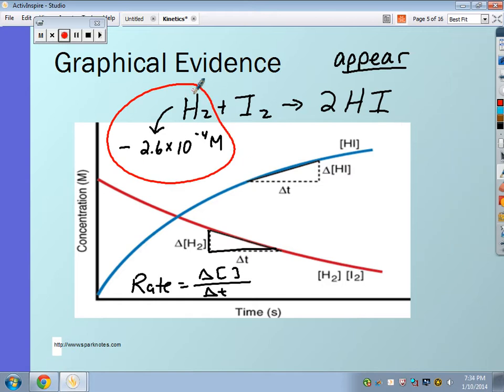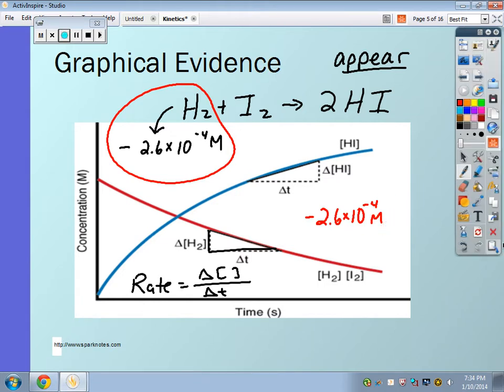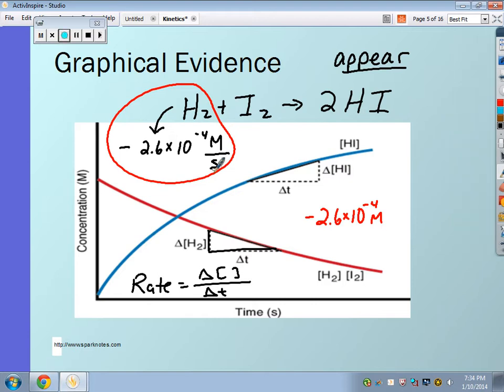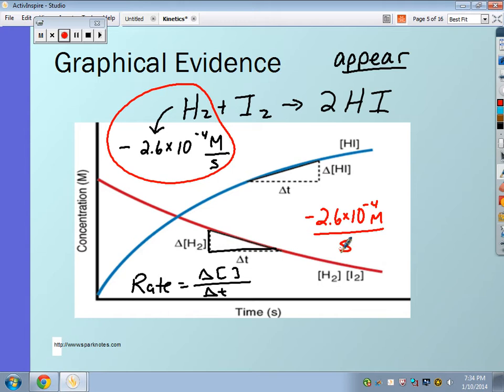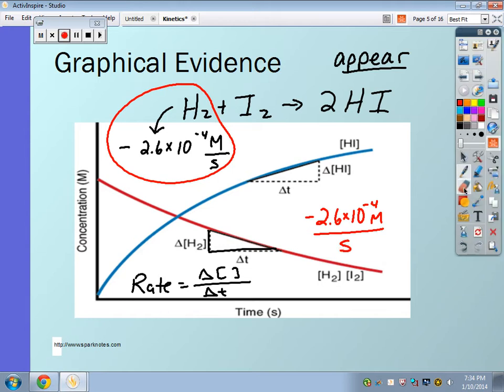So if I know the rate of disappearance for H2 is -2.6 times 10 to the -4th, and this should not be just molarity, it should be molarity per second, or per minute, okay? So go back here. This is my rate of disappearance. Now I'm going to do myself a favor, and I'm going to get rid of this negative out front. And why was that negative there again? Because it showed you that it was going away.